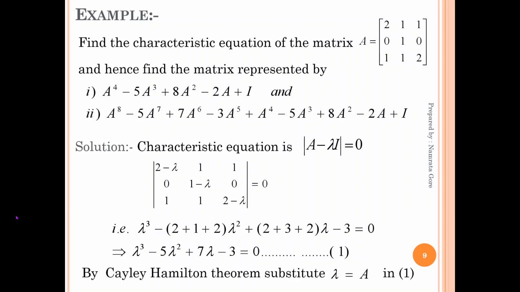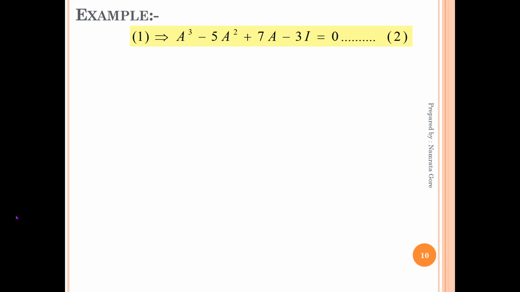Now by Cayley-Hamilton theorem, we replace lambda by A in equation 1 and we get this particular expression. Now we will use this expression to solve the polynomial. So in this polynomial, A to the power 4 minus 5A cube plus 8A square minus 2A plus I, we can find a common A, so that we have A into A cube, then minus 5 times A into A square.